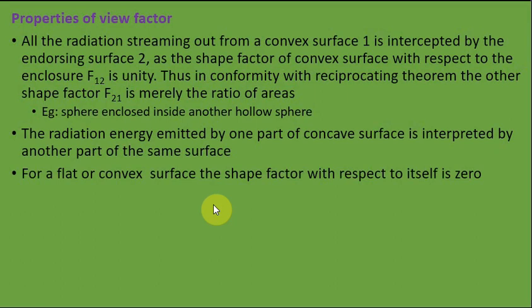But in the case of a flat or convex surface, the shape factor with respect to itself is 0, because whatever energy is emitted by a flat or convex surface cannot be absorbed by the same body. That's why the shape factor will be 0.